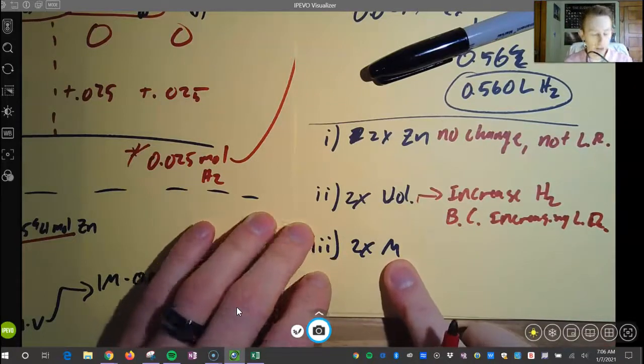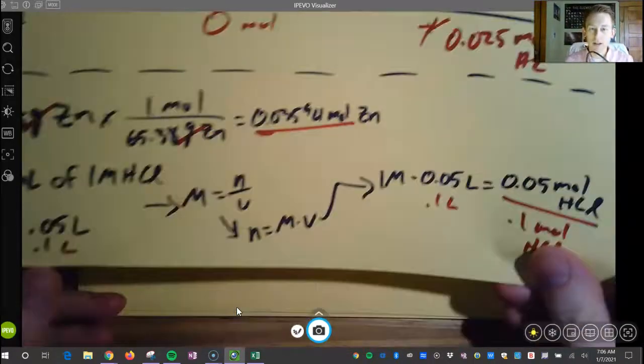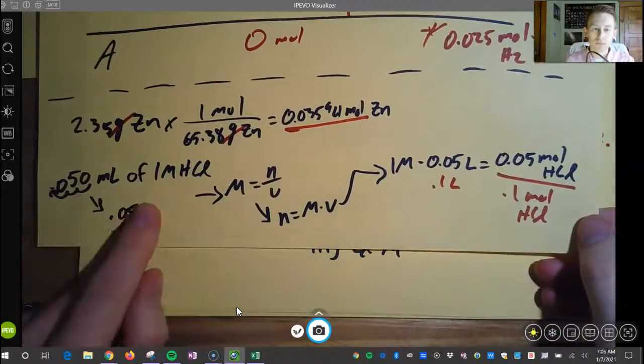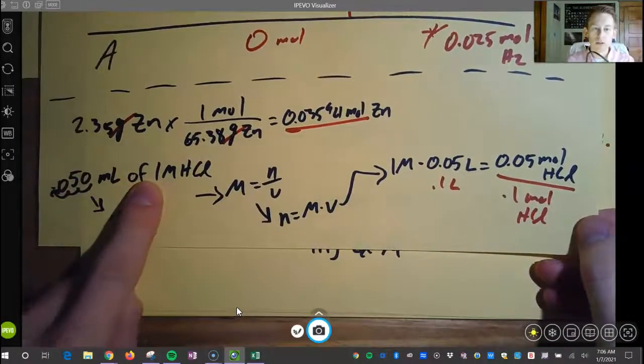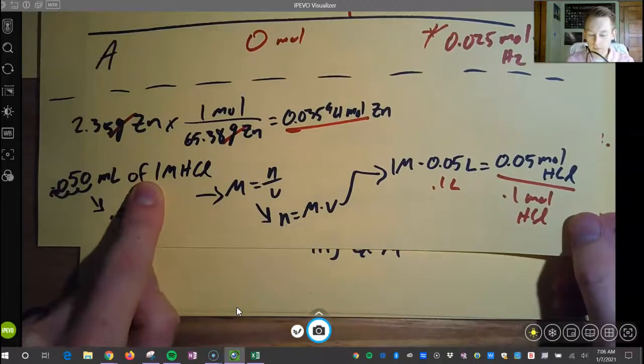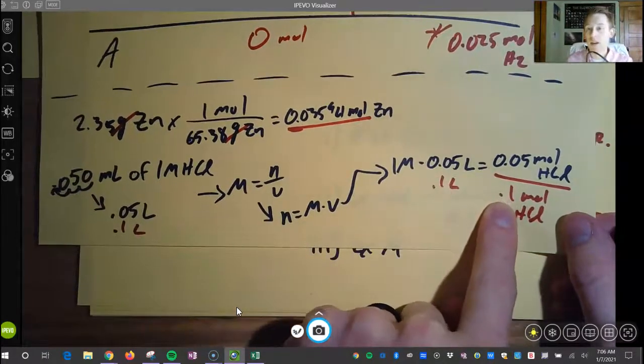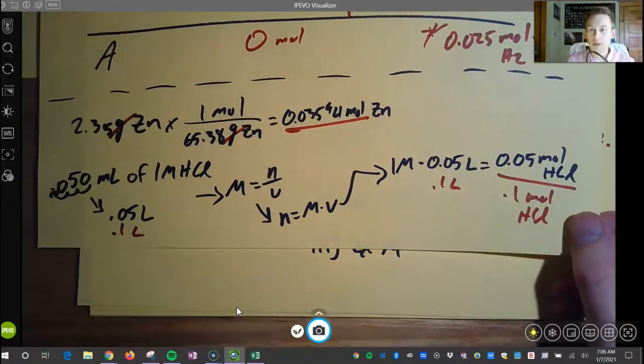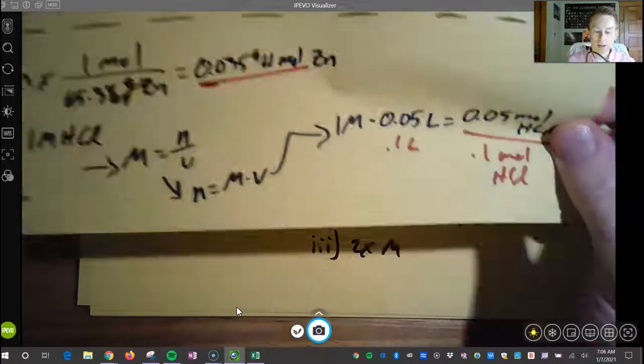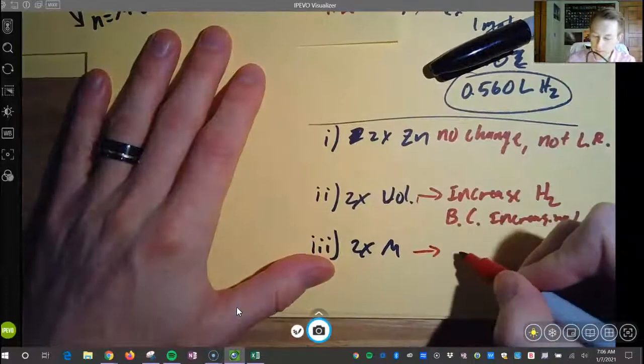And if I increase the molarity, same thing's going to happen, right? If I go to 2 molar, I would end up with 2 times 0.05, and I'd end up with 0.1 again, and so in effect we're increasing our limiting reactant as well.